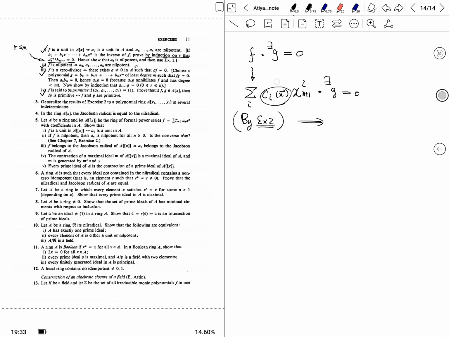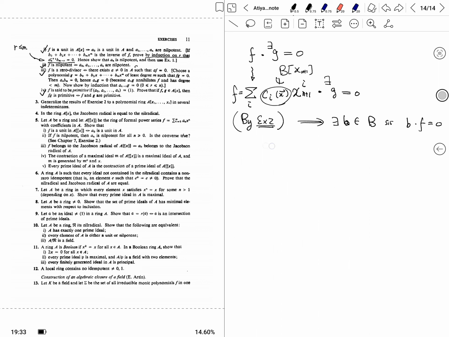One variable, this is like in B[x], a polynomial which is a zero divisor implies that there exists some a or b in B such that b times this f equals 0, right?